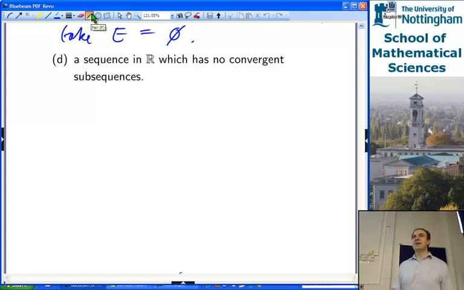D, sequence with no convergent subsequences, plenty of these around. Anybody got a favourite? Who's got a sequence which has no convergent subsequences at all?